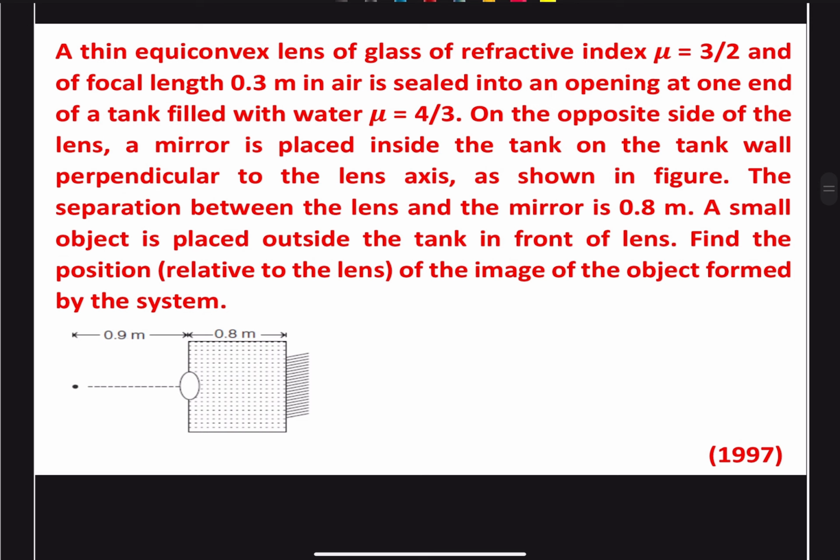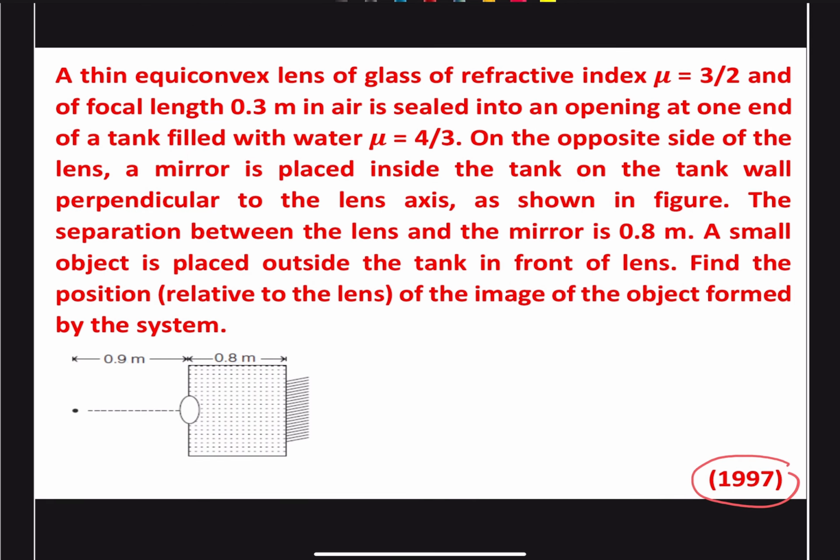So we come to the next question. In the next question, which was also asked in the year 1997, it states that a thin equiconvex lens of glass of refractive index mu 3/2 and focal length 0.3 meter, in air, is sealed into an opening at one end of a tank filled with water, mu 4/3.